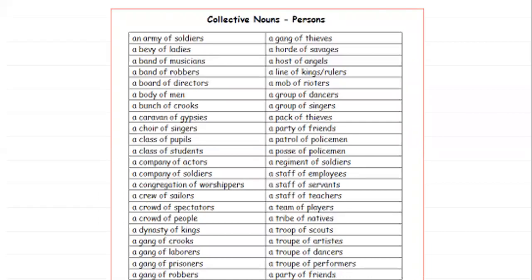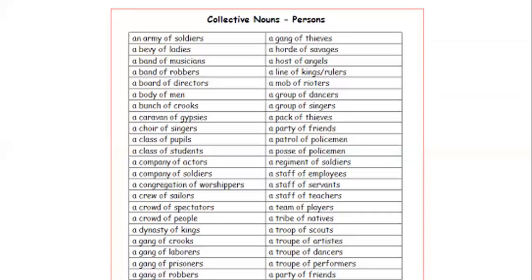Now, here on the screen, let's look at other collective nouns. For example, they said an army of soldiers. We can also have a gang of thieves. A band of musicians is there, and a host of angels. I'm going to choose the ones that are visible enough.